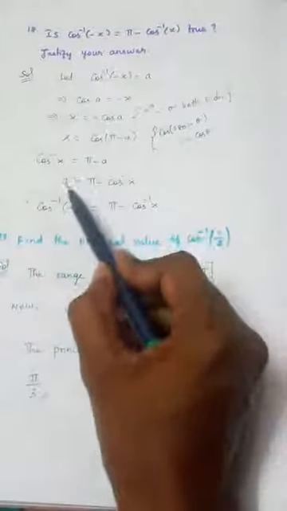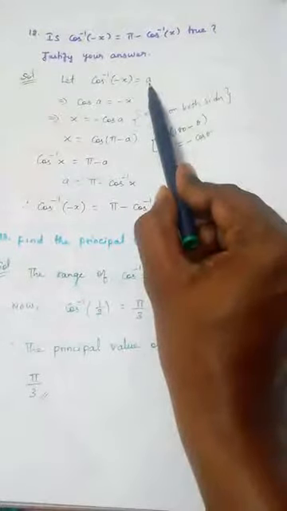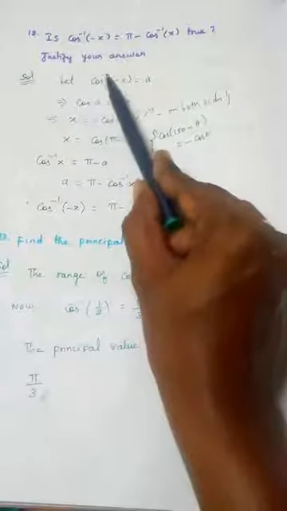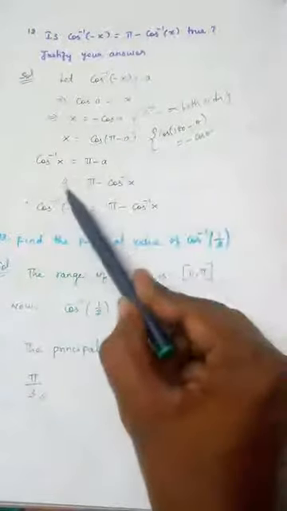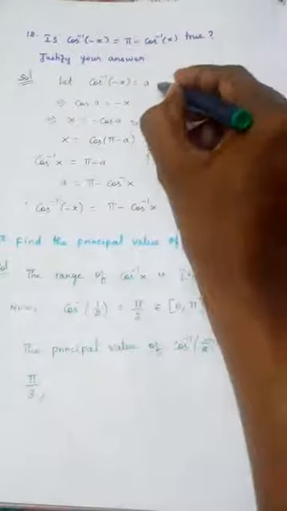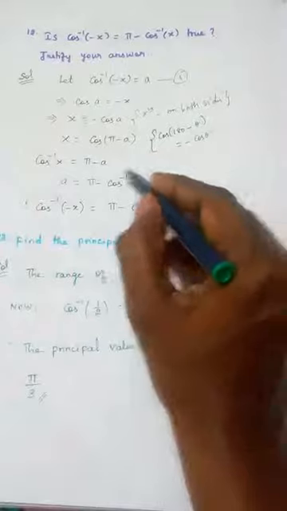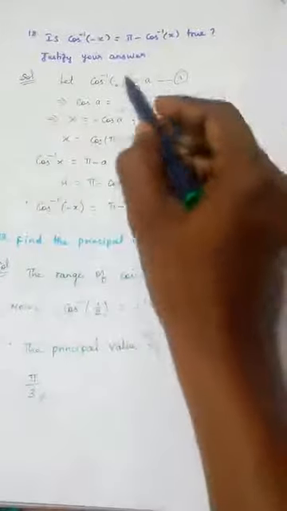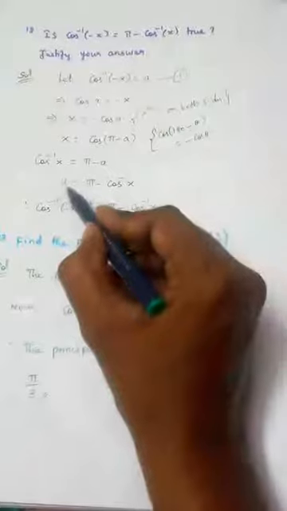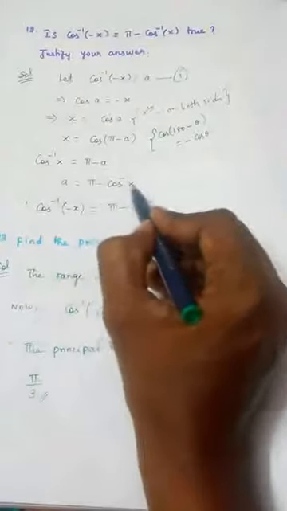Now what is actually a? In the first step itself we have taken a as the LHS, cos inverse of minus x. So in place of a, take this as equation number 1, and this is by equation 1, right? Because a is equal to pi minus cos inverse x.